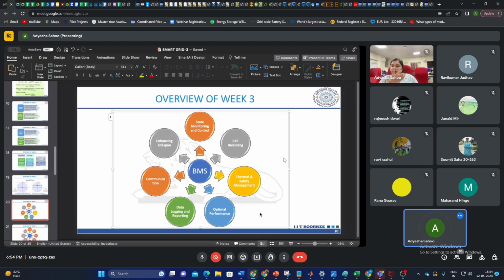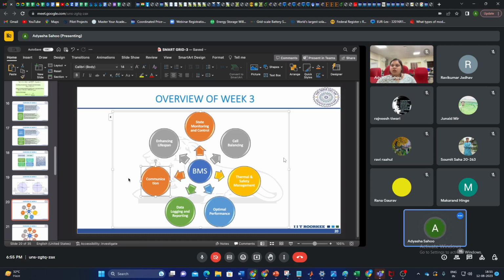Then the next operation is data logging and reporting. We need to log this data to perform studies, such as battery analysis, battery chemical processes, health analysis, or SOC estimation. The BMS can store this data and report it to us so that we can carry out the studies required.